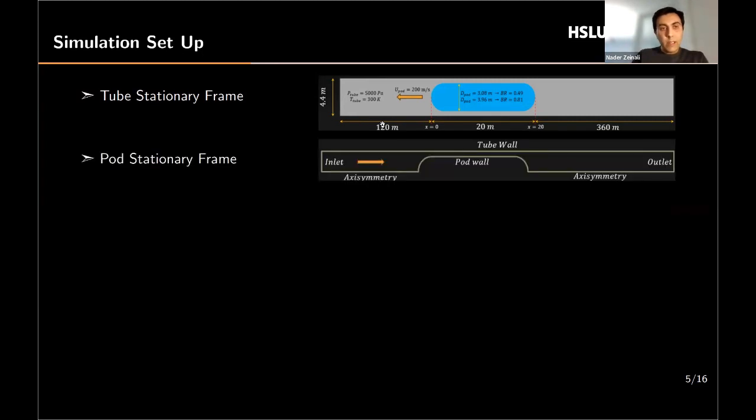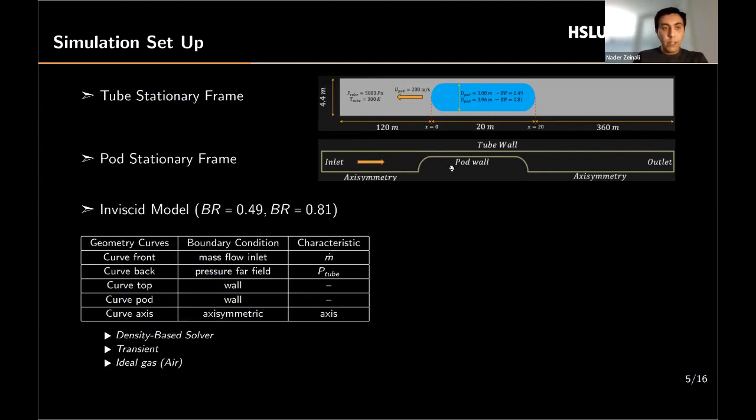My simulation is conducted in the pod stationary frame, axisymmetric, meaning that at the inlet we have a mass flow inlet boundary condition, and the outlet is pressure far field. If we precisely define the Mach number at the inlet and outlet, then the simulation in the pod stationary frame will be equivalent to a moving pod inside of a stationary fluid.